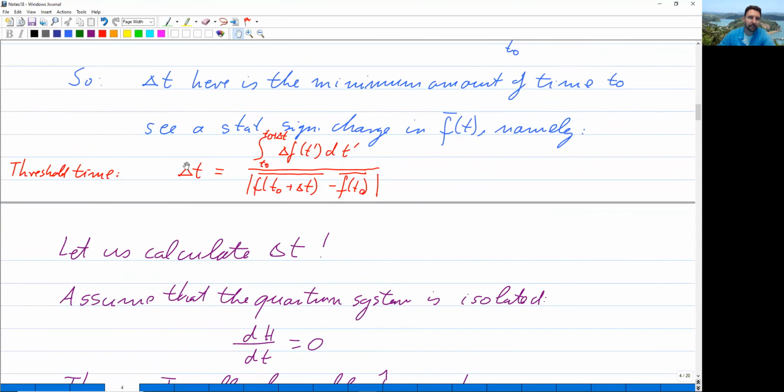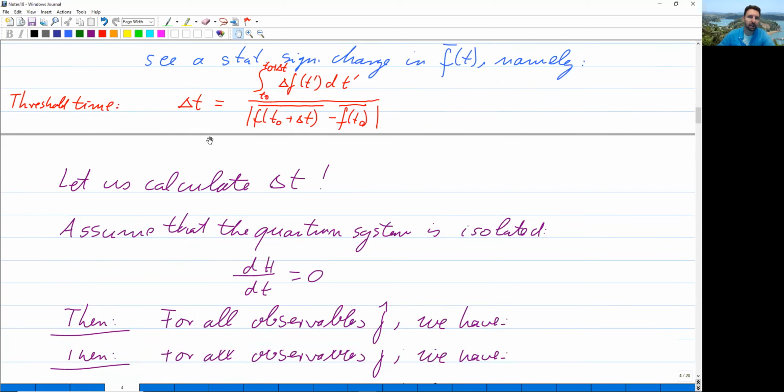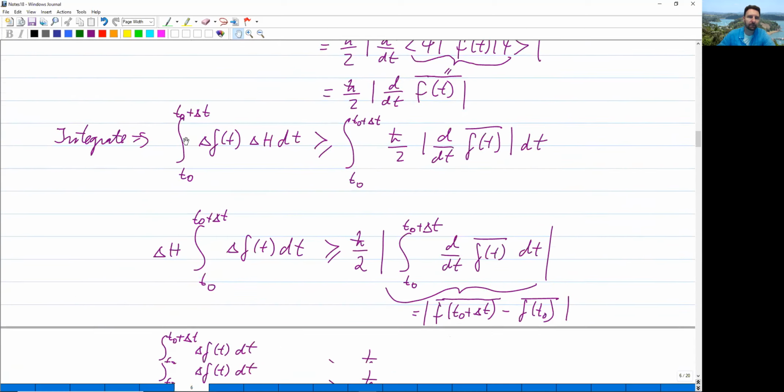Delta t, the critical time from which onwards the mean value of our observable has drifted so much that the drift is larger than the mean standard deviation, right? So this is exactly our delta t. That's the critical time.